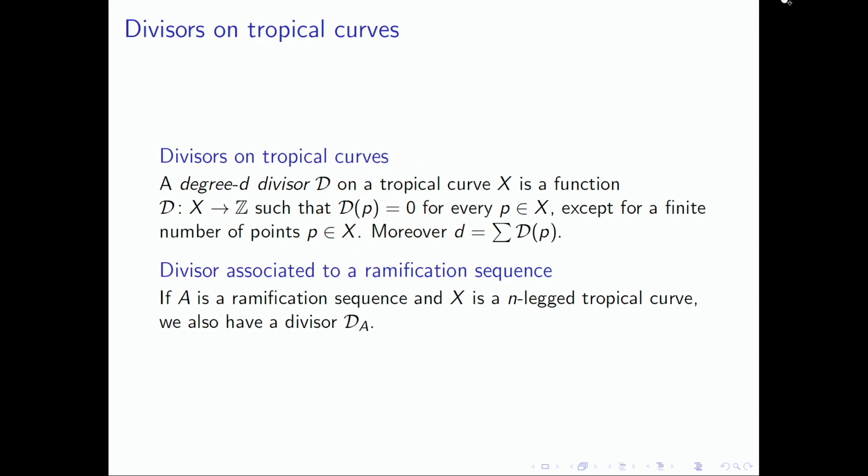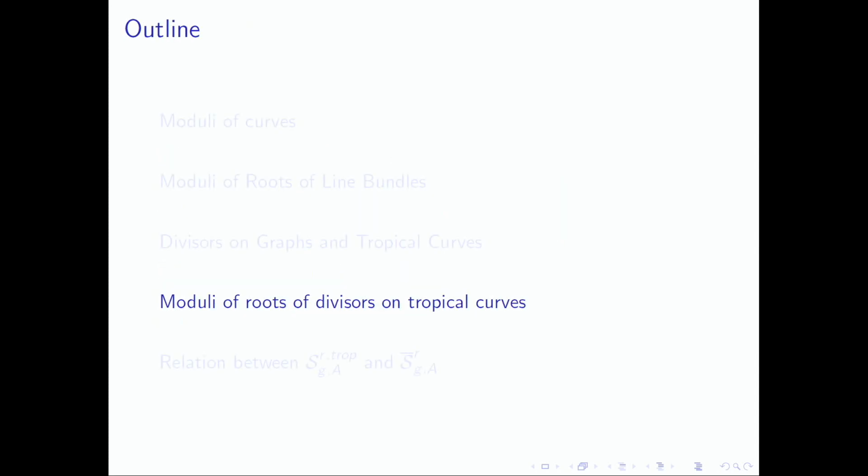And I can consider also the universal divisor on tropical curves, because if I have a divisor on a graph, I can consider naturally a divisor on the tropical curve having that graph as a model. So these are the important things I want to define.